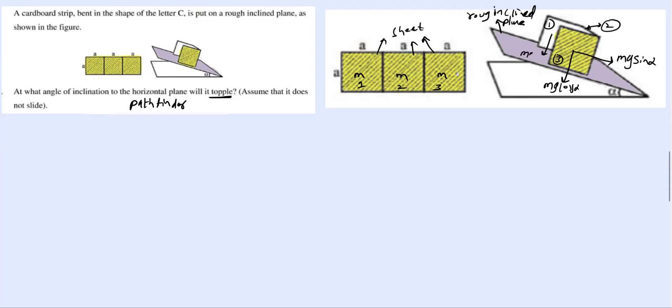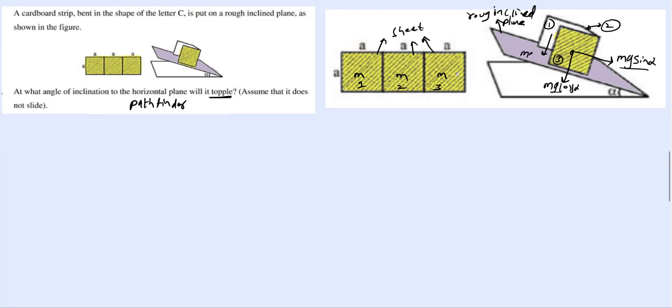That of two also will act, and that of one also will act. All that Mg sin alpha and Mg cos alpha will not be at the same point. You should try to imagine: just take a sheet and bend it like a letter C. Then for each sheet, the center of mass will be at its center.